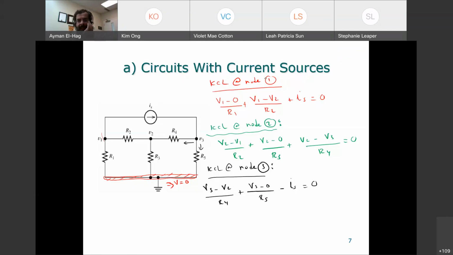When I say 1, it means V1. When I say 2, it's V2. 3 is V3. So the labels go with the voltage numbers. It's always the case. V1 is your first node, V2 is your second node, and V3 is your third node. So it goes without even the need to write them. Okay, so let's move on.